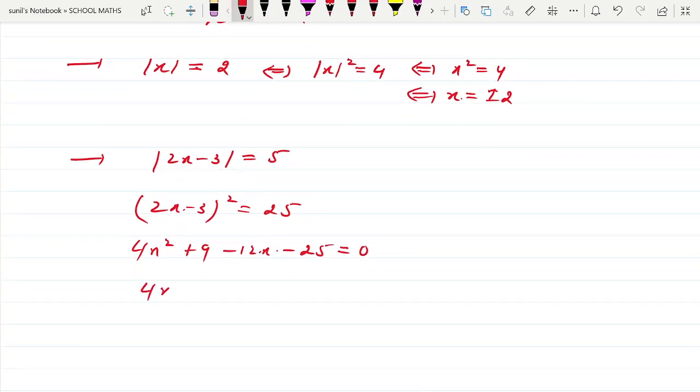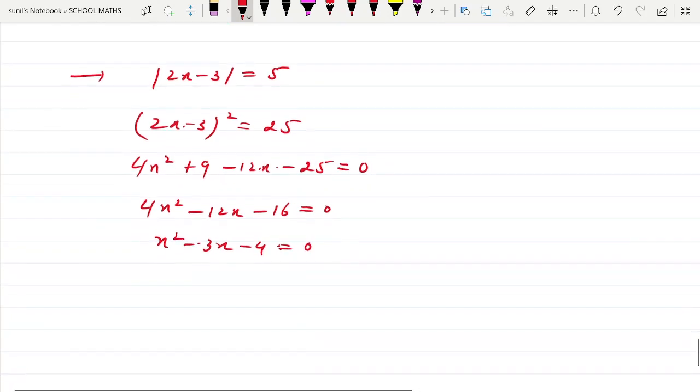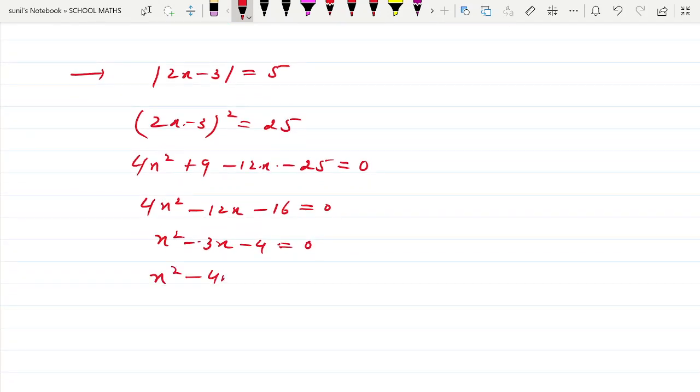So we have 4x square minus 12x minus 16 is equal to 0. So what I can do, I can take 4 common, so x square minus 3x minus 4 equals to 0. Certainly I can write this as x square minus 4x plus x minus 4 equals to 0. So we have x minus 4 into x plus 1 equals to 0. So the values of x are 4 and minus 1.